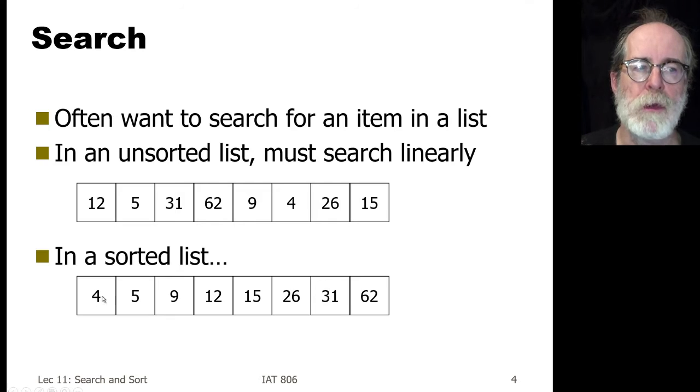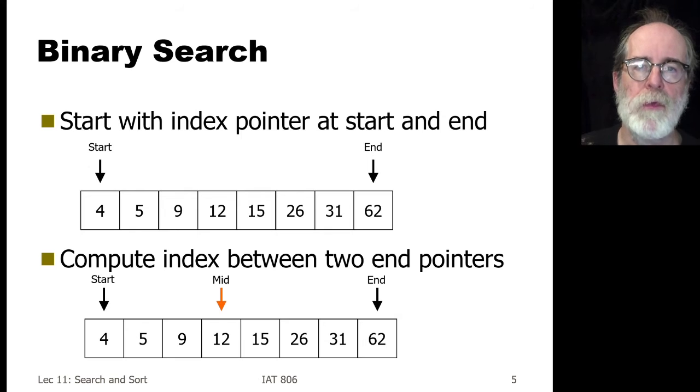However, in a sorted list, as shown here, which has the same items simply put in sorted order down below, you can do it a lot faster. Let me show how that's done. The standard method for searching a sorted list relies on knowing something very special about the way the list is organized.